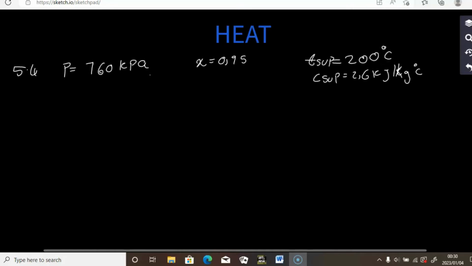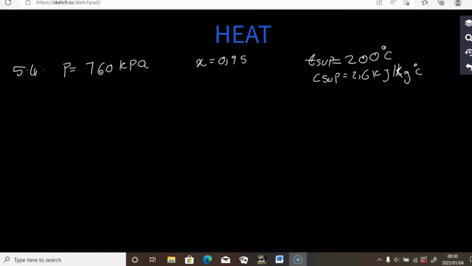We're given the pressure, which is 760 kilopascal. We're told that the dryness factor of the steam that is first formed is 0.95, and then after that the steam is superheated to a temperature of 200 degrees Celsius.